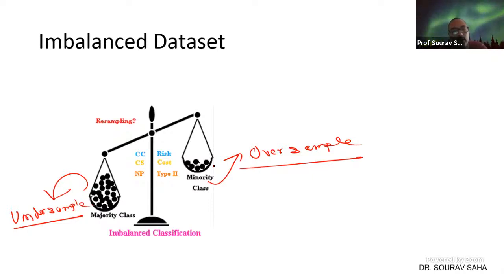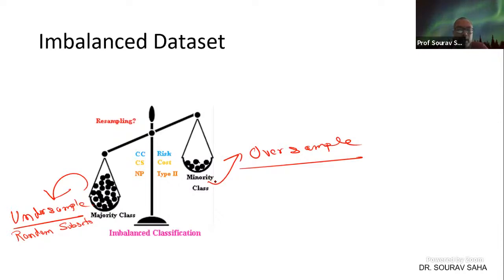In undersampling, from the majority class you select random subsets.